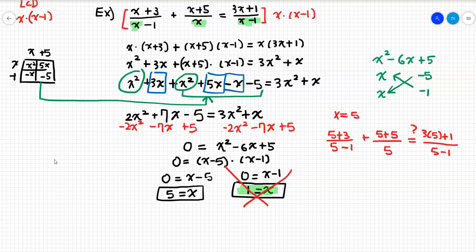So you got 8 divided by 4 plus 10 over 5. Is this equal to 16 over 4? That's just the 4 on the right-hand side. And that's 2. So 4 is equal to 4. So x equals 5 checks out.